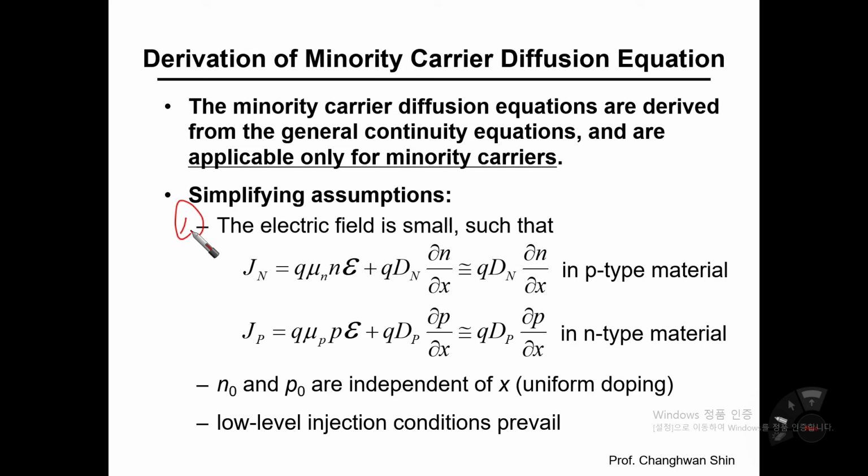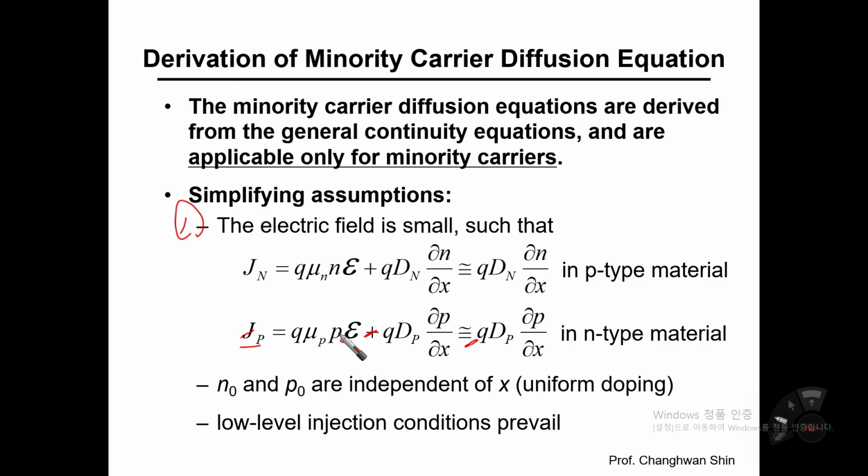Now the minority carrier diffusion equation can be derived from the continuity equation with the help of a few simplifying assumptions. One of them is that the electric field is very small in the quasi-neutral region of the p-n junction diode, so in the n-type material the whole current density Jp can be denoted as minus q times Dp times the partial derivative of p with respect to x.